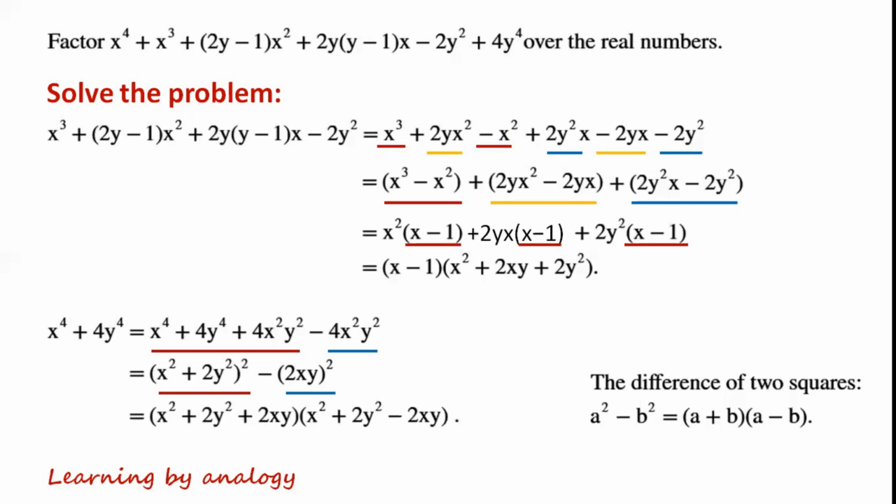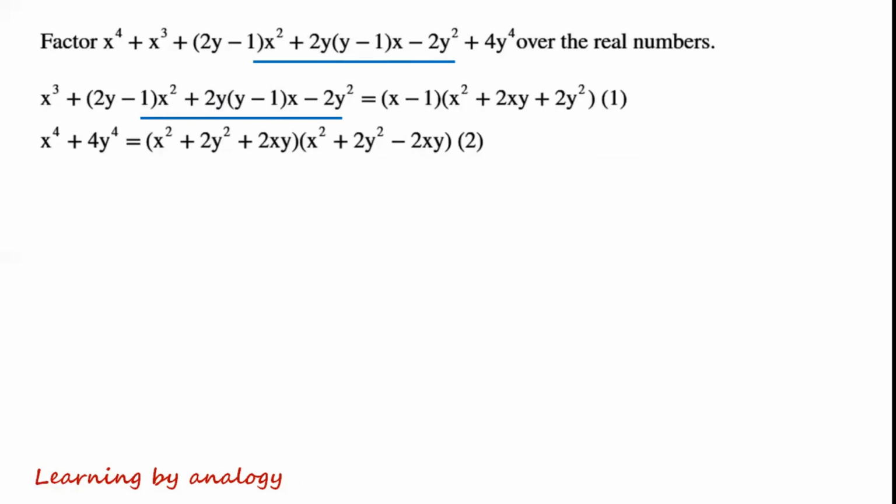So we can now write (x squared plus 2y squared plus 2xy) times (x squared plus 2y squared minus 2xy). We have factorized the first part and the remaining part of the original algebraic expression.